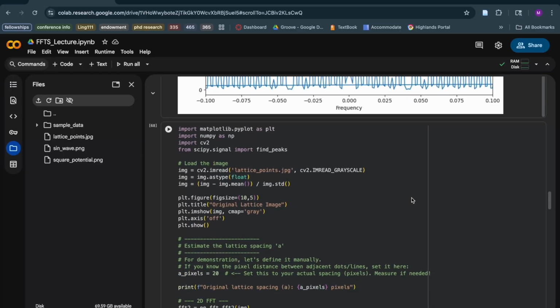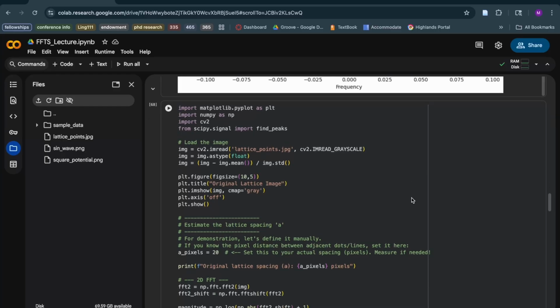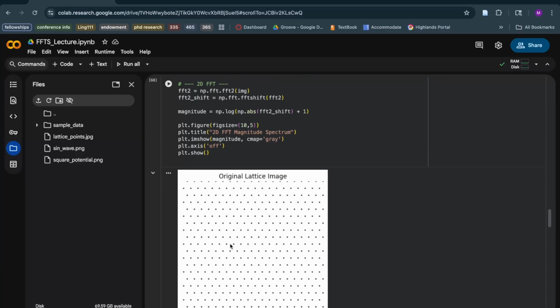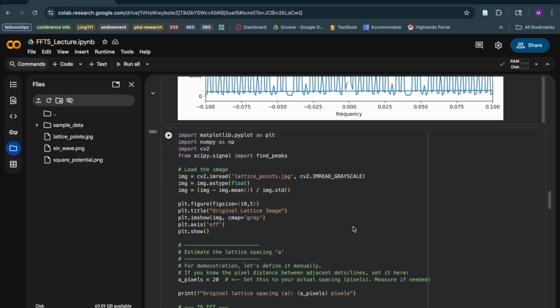In this example, we're going to look at some lattice points, or quote unquote lattice points. It's really just a grid of points. Yay! There they are, a grid of points. So now we're going to do the Fourier transform of an entire image. Here's what we're going to do. We're going to read it in the same exact way using CV2.